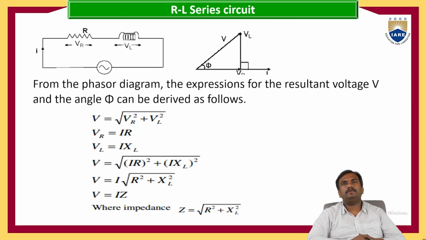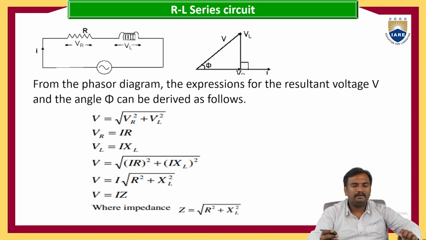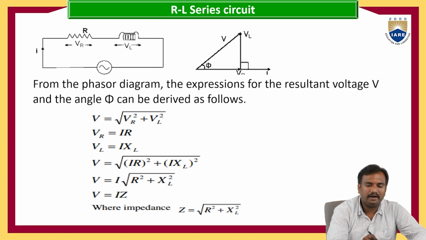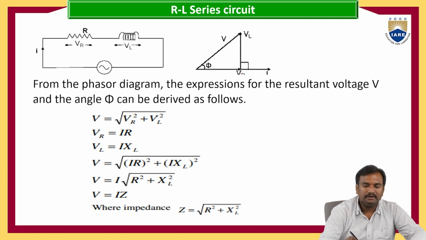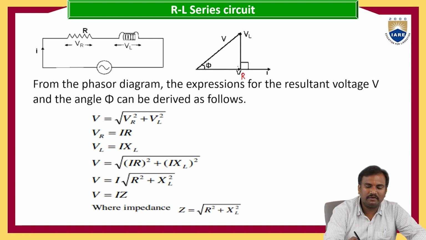Now let us go with the series combination of elements, that is the RL series circuit, RC series circuit and RLC series circuit. Here in the phasor diagram, this is the voltage across the inductor, VL, and this is the voltage across the resistor, VR. The voltage across the resistor will be in phase with the current.